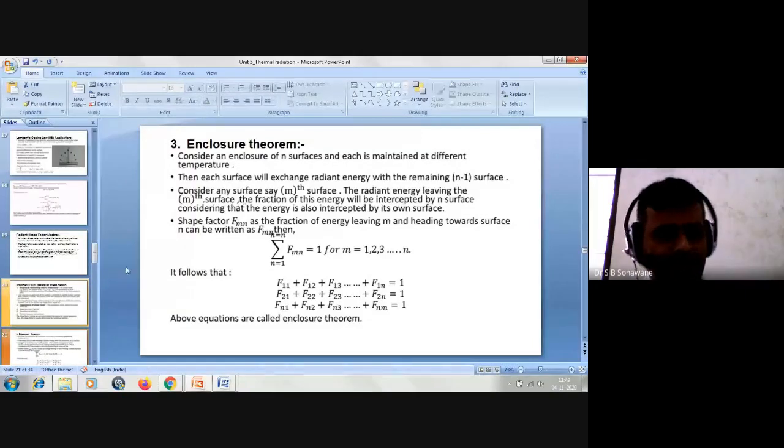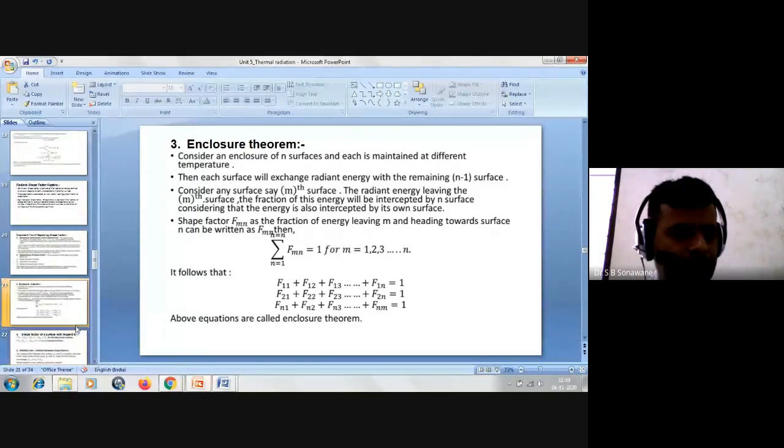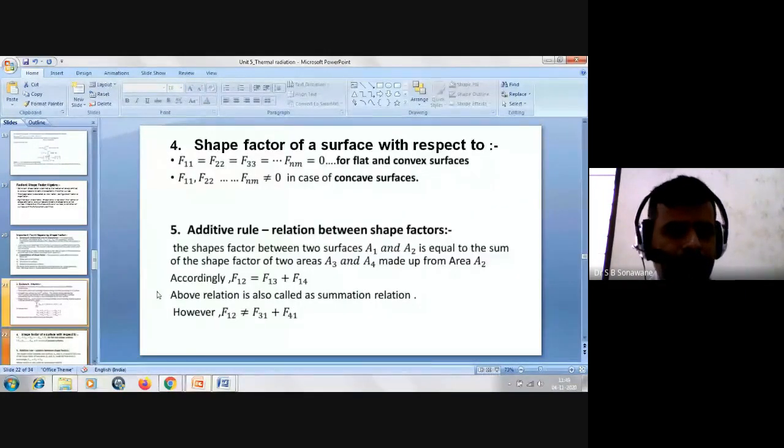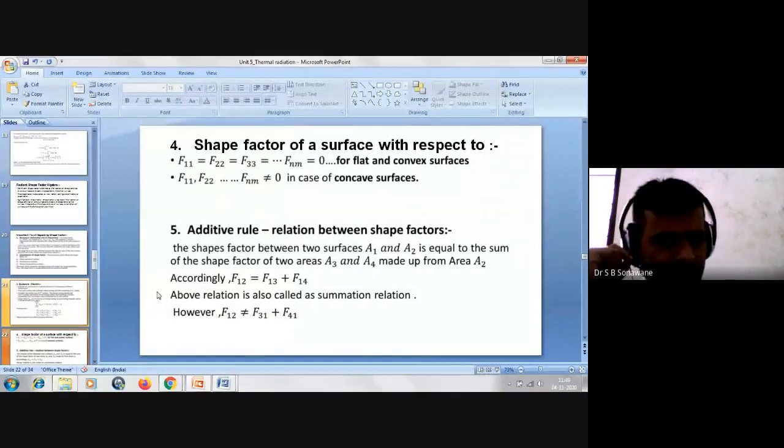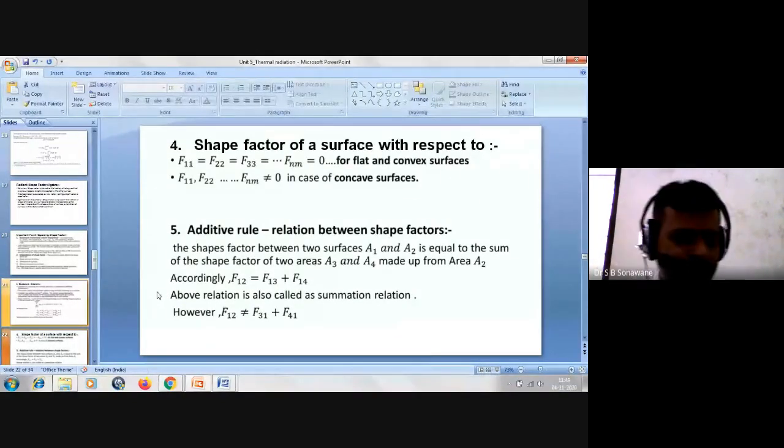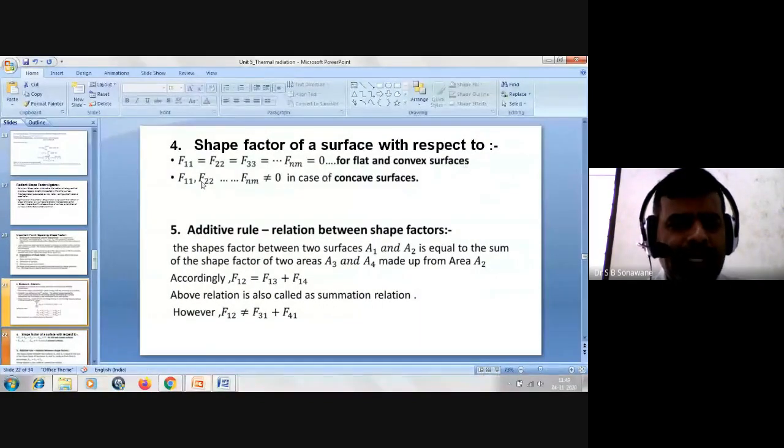Okay, let us now explain the shape factor of a surface with respect to another. Suppose we have a flat and a convex surface. In that case, the shape factor of that surface with respect to the other surface is equal to 0. Why is it equal to 0?